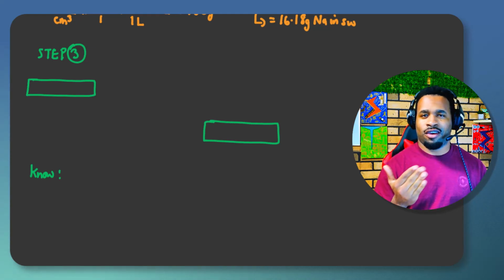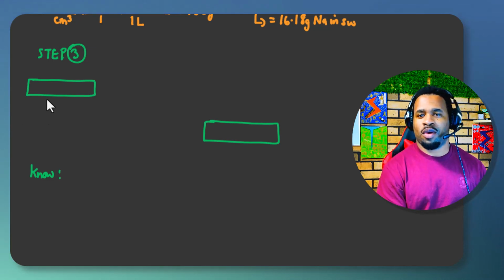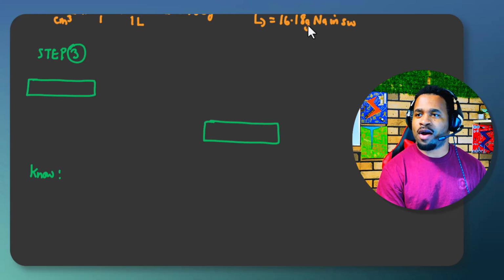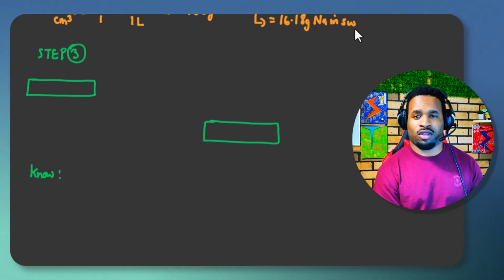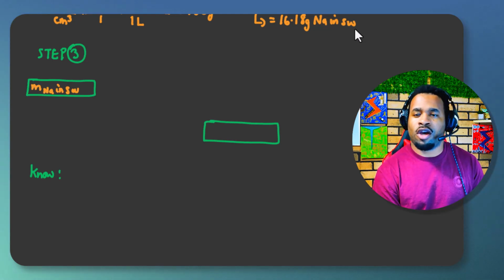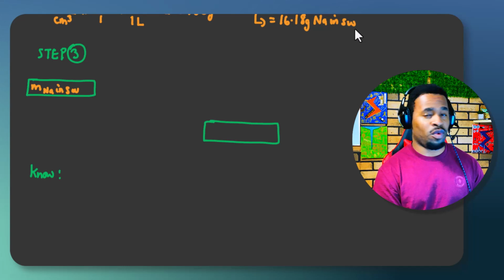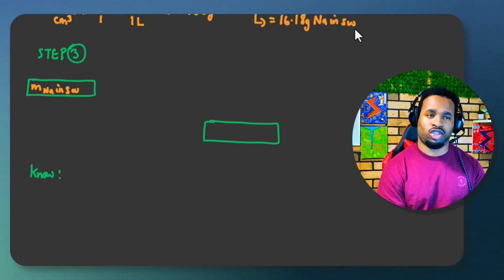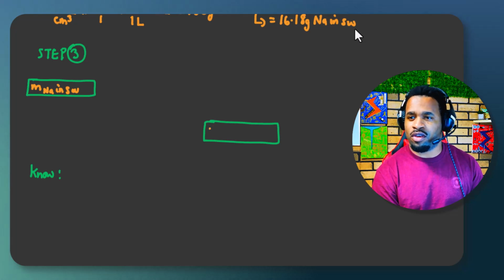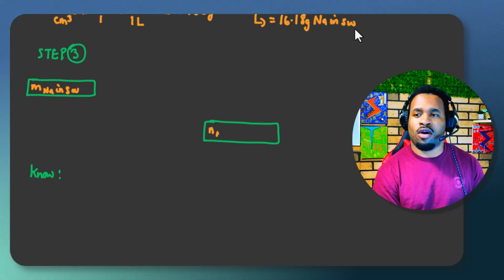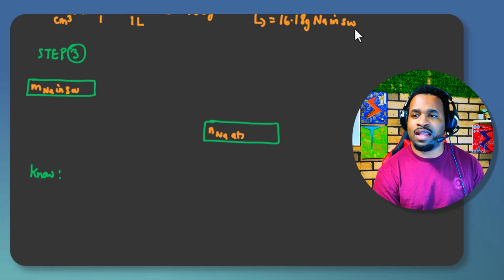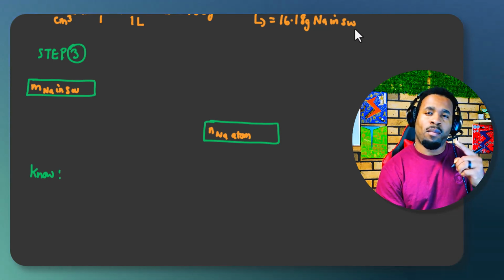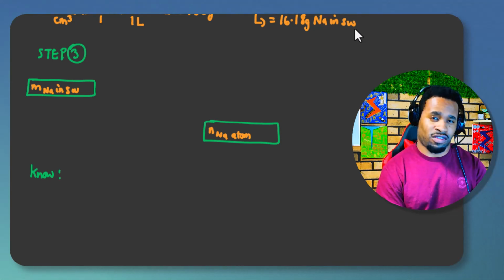And here is the final step, where we are going from our mass of sodium in seawater, which is what we determined from step 2, to the end goal, which is to find the other variable asked in the question: the number of sodium atoms in that 1.5 liters of the seawater.